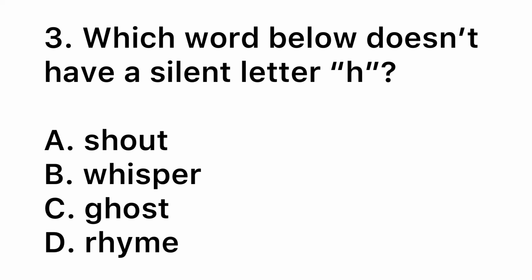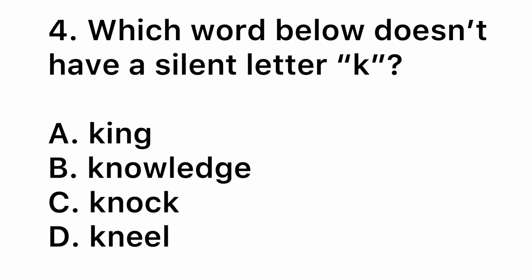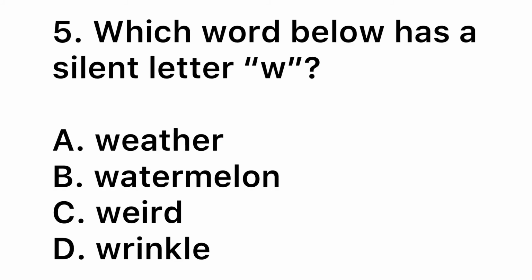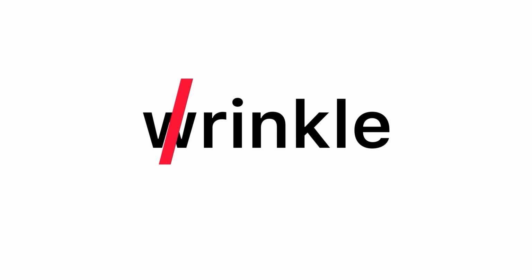Correct. A. Shout. Number 4. Which word below doesn't have a silent letter K? Right. A. King. 5. Which word below has a silent letter W? Correct. D. Wrinkle. Good job.